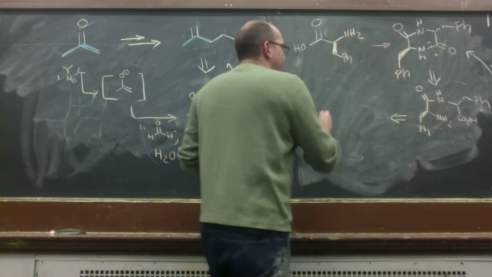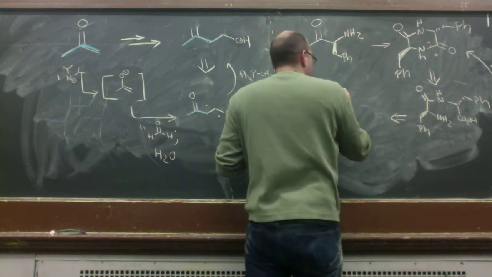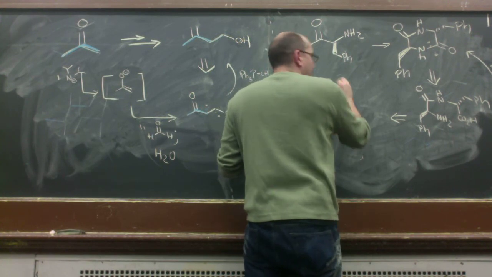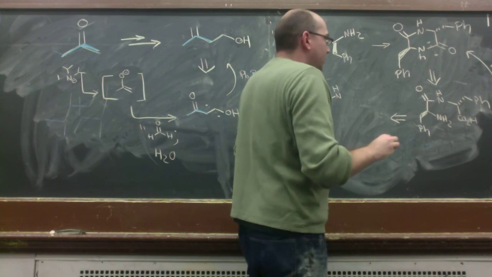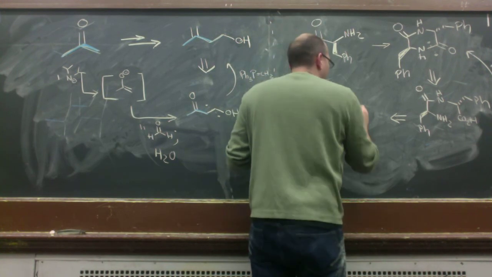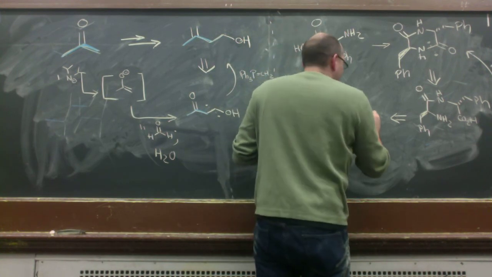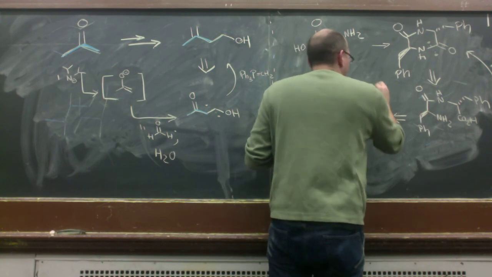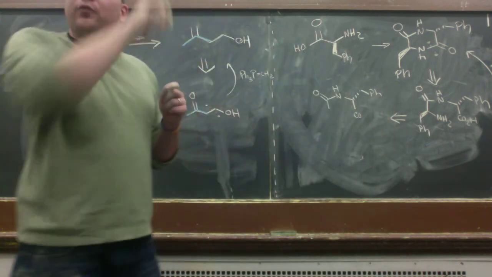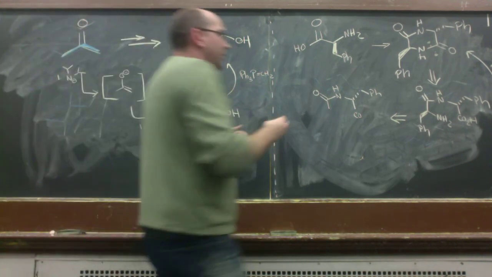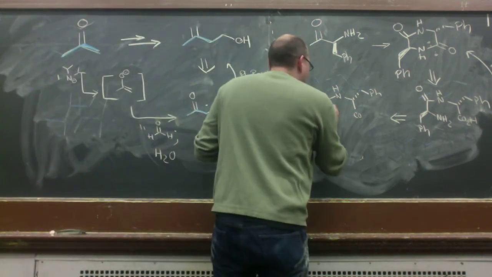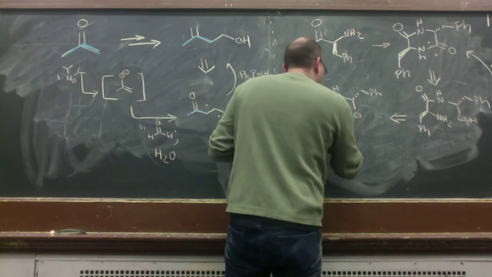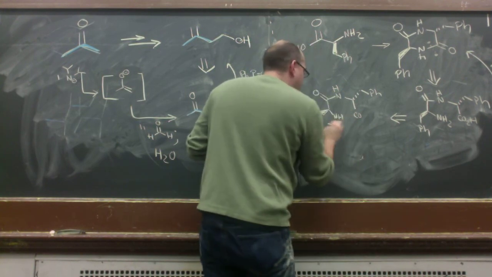Right? We can imagine... Holly, give me a type of protecting group. Boc. Okay. And so Boc is for which one? Holly, is it for the amine or the carboxylic acid? For the amine. Okay. So we're going to put the Boc group on there.